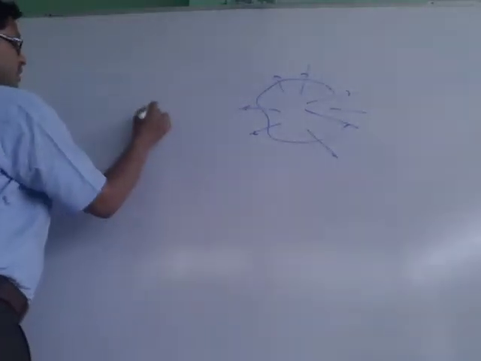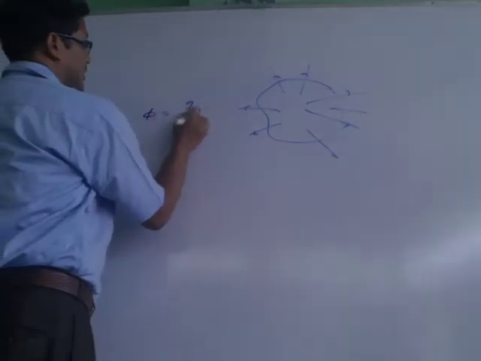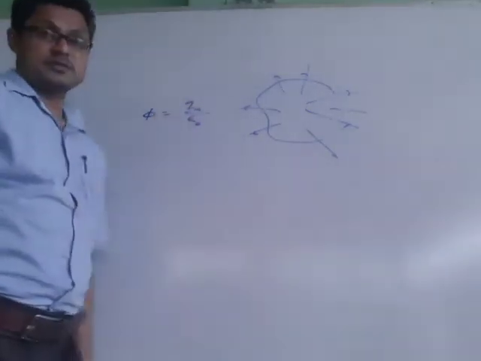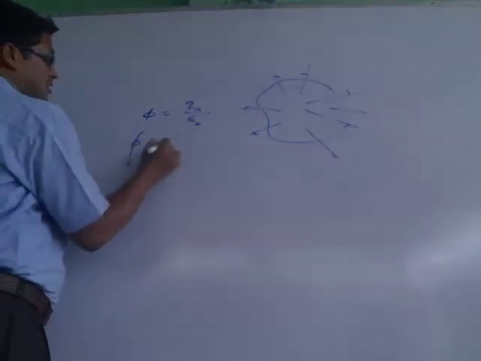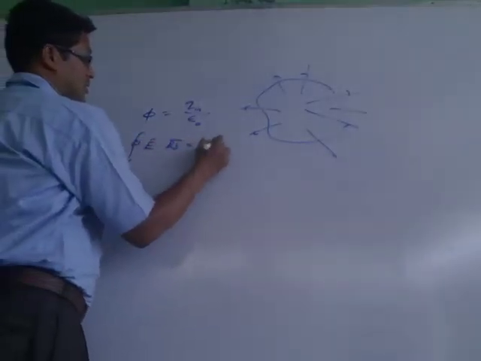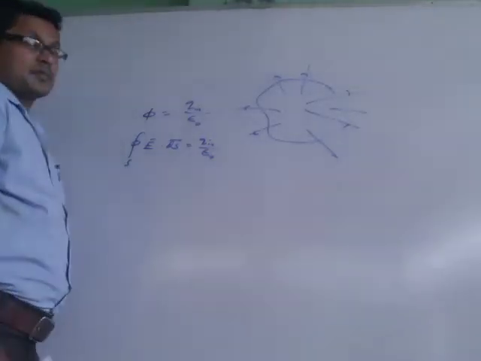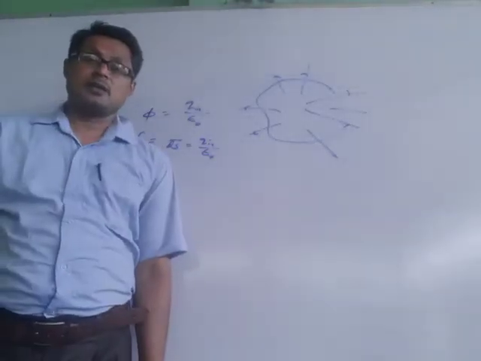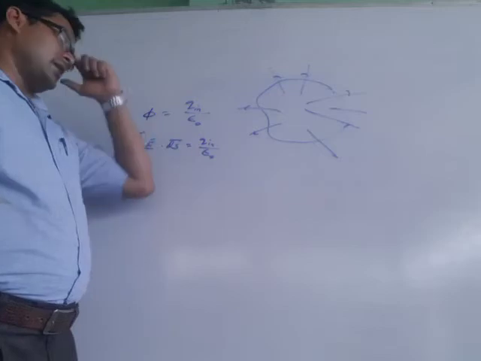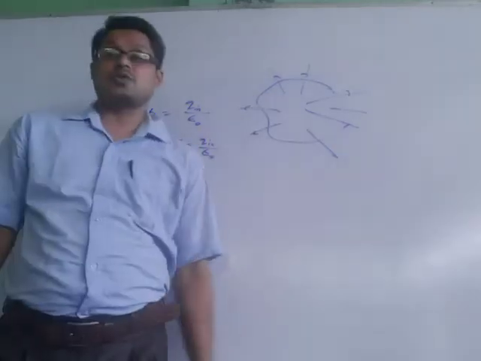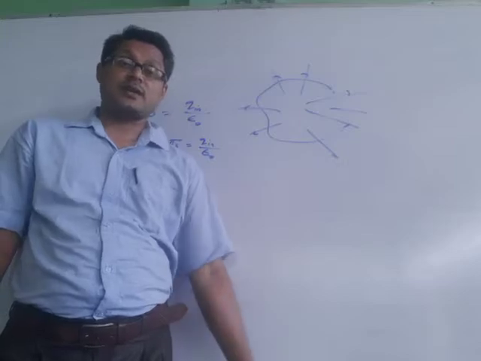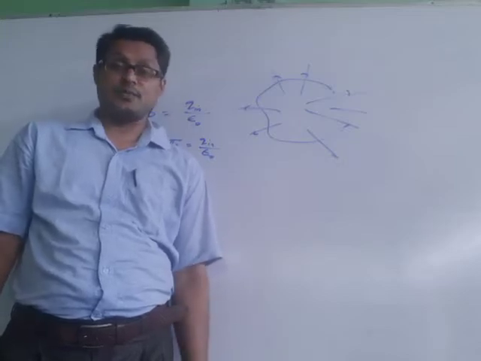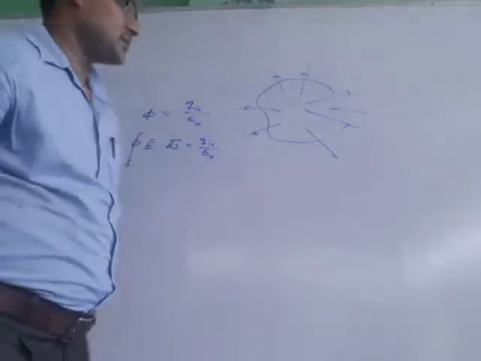The total flux phi equals Q inside divided by epsilon naught, and this can be written in the form of the surface integral of E dot ds equals Q inside divided by epsilon naught. So the flux coming out from any closed surface is equal to 1 by epsilon naught times the charge enclosed by the surface, which is Gauss theorem. Now how can we prove this?